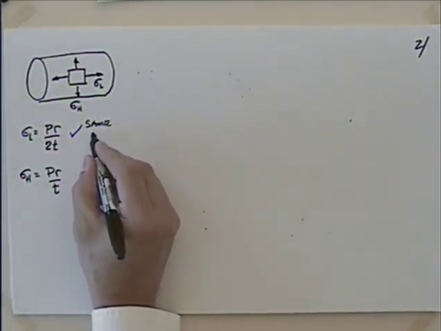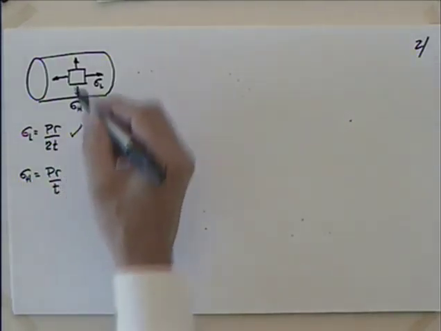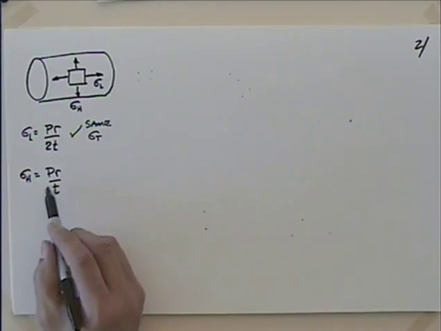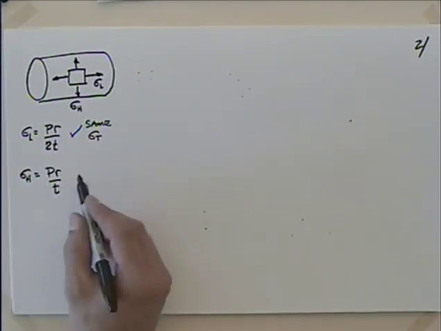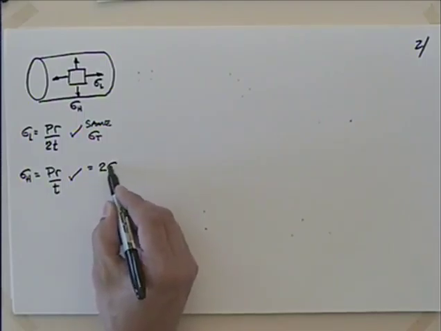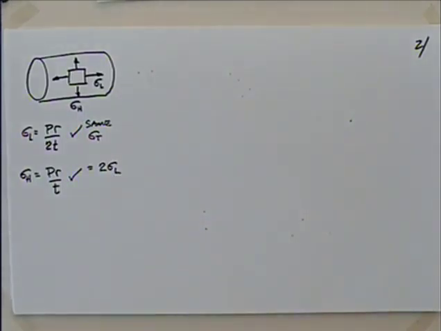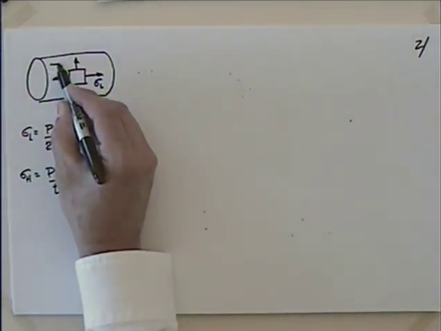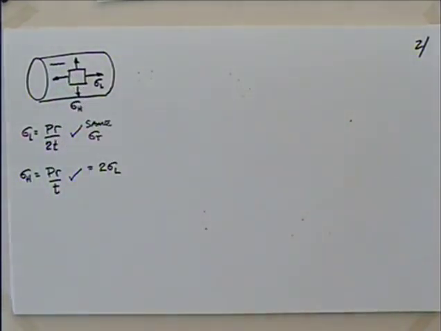In the hoop direction, the direction at right angles to that, the tangential stress sigma sub T is actually twice that, equal to 2 times the longitudinal stress. Okay, so we saw that we usually had failure in these along something like that.